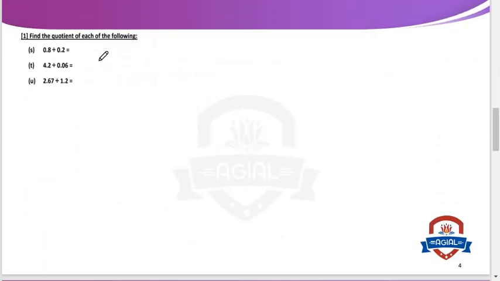Exercise number 1. Find the quotient of each of the following. Letter S, 0.8 divided by 0.2. Can we divide now? No. At first, the divisor must be a whole number. 0.2 must be 2 only.